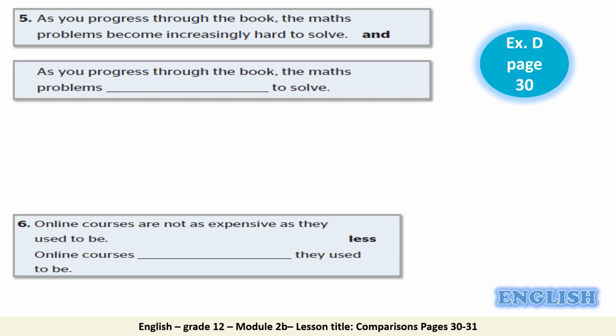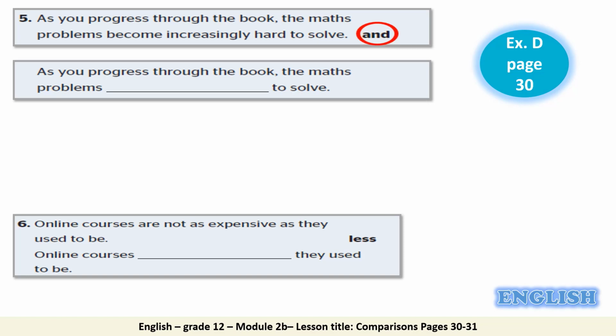5 and 6 are the last sentences in this exercise. Let me display the right answers and help you recall some of the rules. Let's start with sentence 5. As you can see, the word and is the one we have to use to complete the sentence.